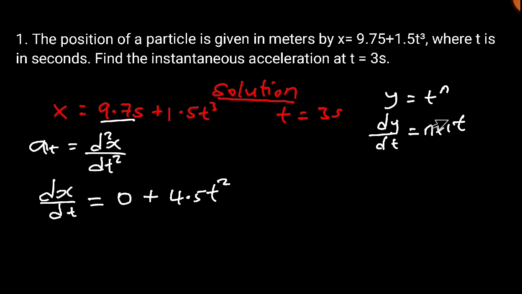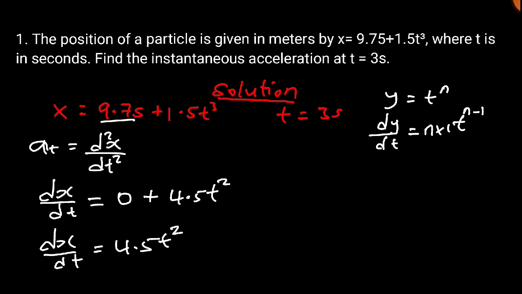Then you multiply everything by t raised to the power n minus 1. So this is what I did here. Now this is equal to 0 plus 4.5 t squared.